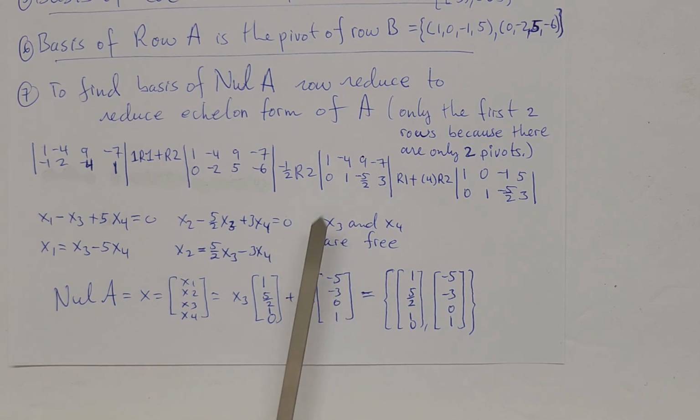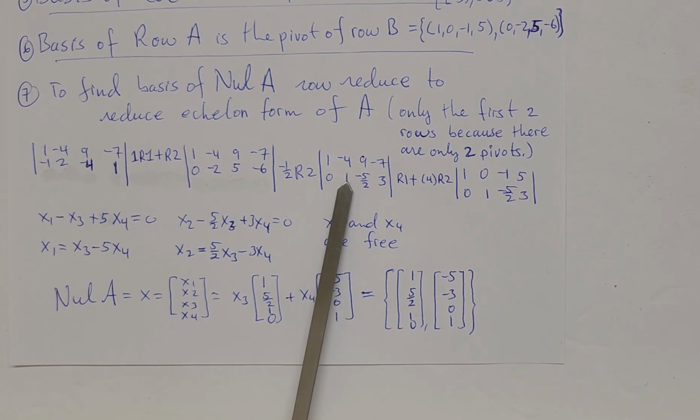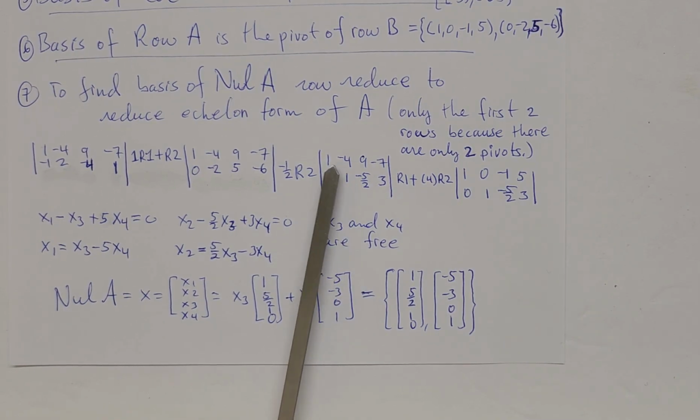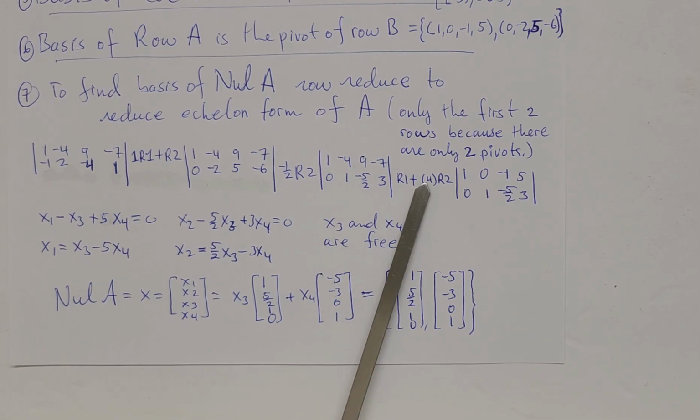Next we have a pivot here, so this 4 has to be a 0. So opposite of -4, +4.